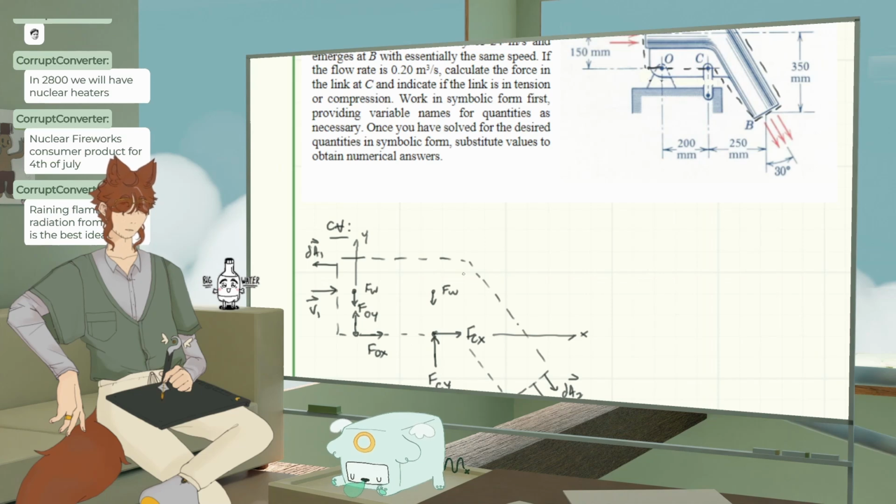If we said it was here and we took a moment about the weight, we would get an FOY, we wouldn't get an FCY, we would get these two, which we could solve for. It would be essentially like FCX times this, or sorry, FCX plus that.